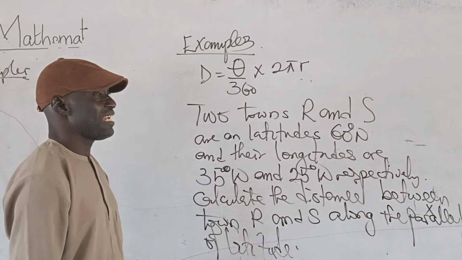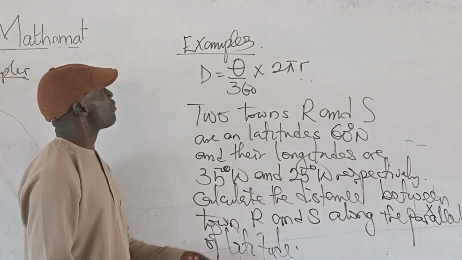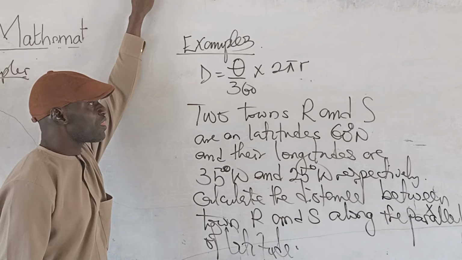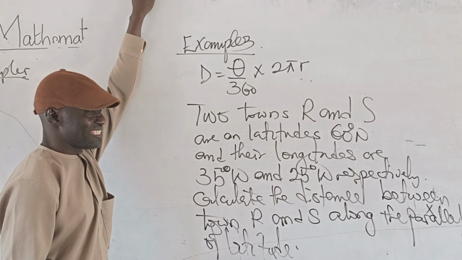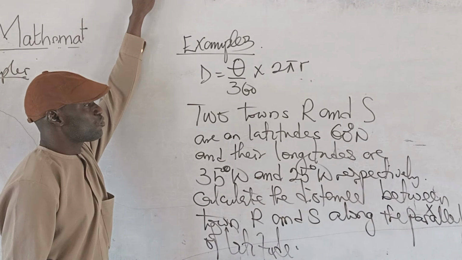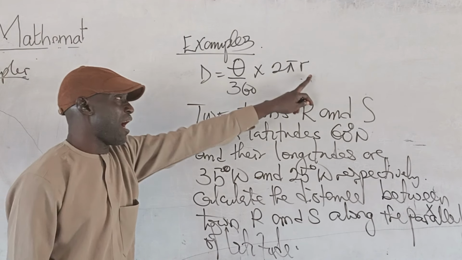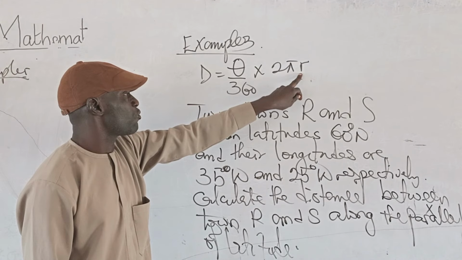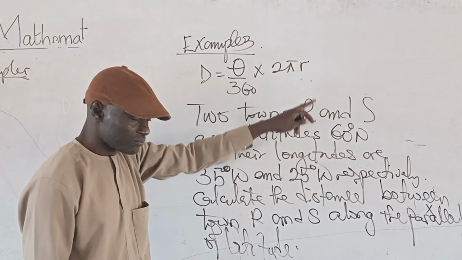Don't forget, anytime they ask to work along the parallel of latitude, you have to apply theta over 360 times 2 pi small r. This time around, not the bigger R, we are using the small r.